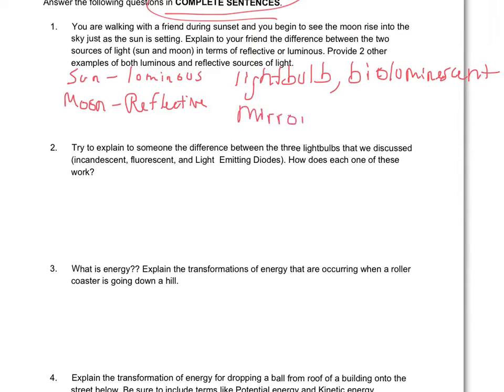If you're shining light off of a mirror and it changes directions and goes towards something, that light isn't coming from the mirror, it's just being reflected. Or I like to think of street signs, and how they show up really bright at night, but it's mostly just because your car lights are shining off of them. So street signs. Okay, moving on.